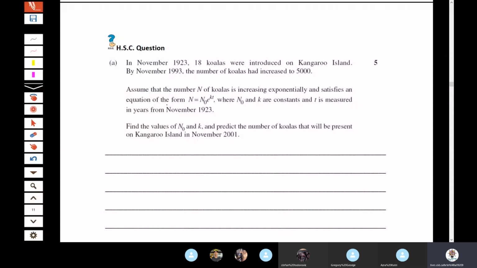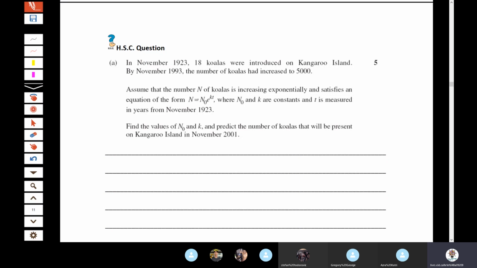Again, maybe have a read first. You've already got the equation there. You have to always try to see if you can find N naught and K first. That's just a golden rule that you want to remember. You have to find N naught and K, and usually that's found from the first 2 pieces of information.